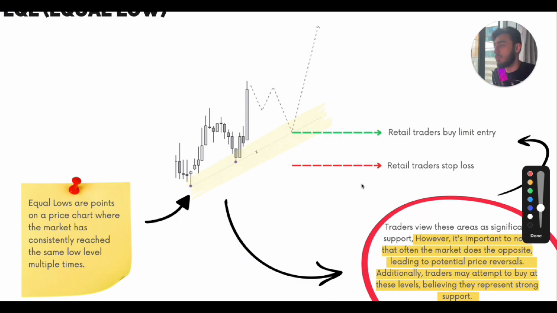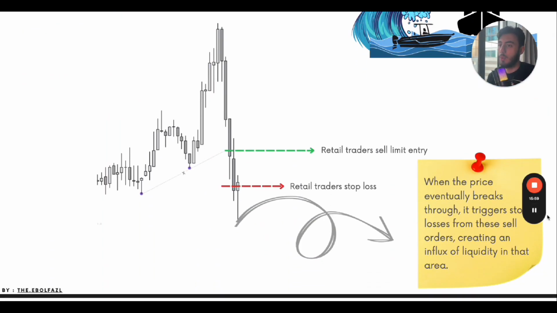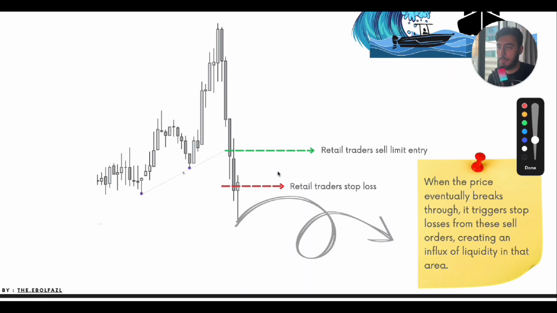Don't think that because you know this, everyone is going to know it. There is a bunch of traders who don't know what equal high and equal low are, so their point of view is completely different. What's going to happen is when the price eventually breaks through, it triggers stop losses, and price activates their orders.